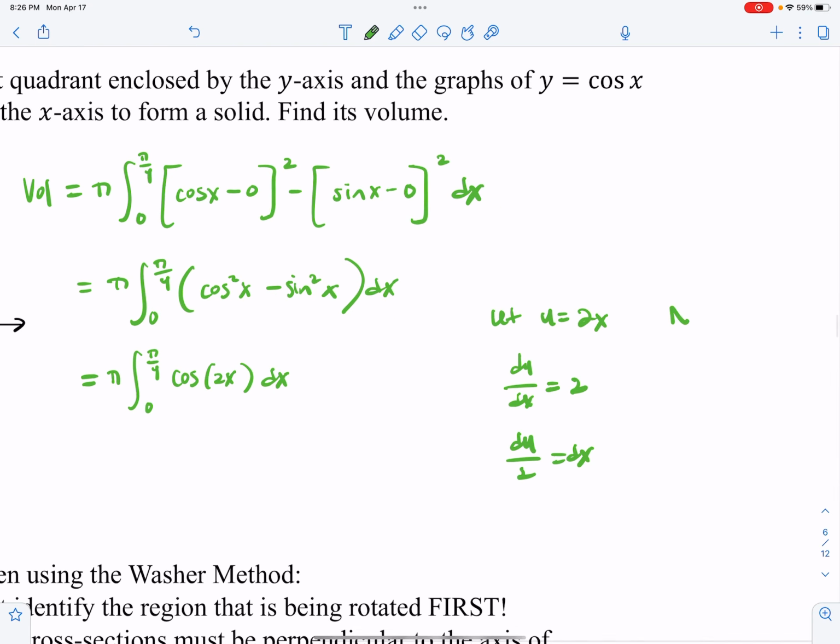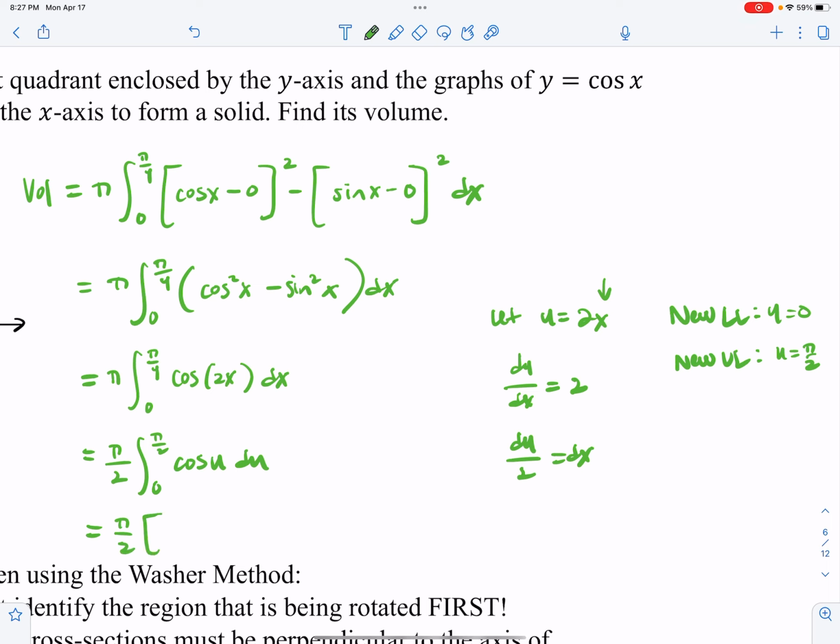And then we also need our new lower limit of integration, which would still be 0, and our new upper limit, plugging into what we let u equal, would be pi over 2. So rewriting our integral, we'll have pi over 2 times the integral from 0 to pi over 2 of cosine of u du.